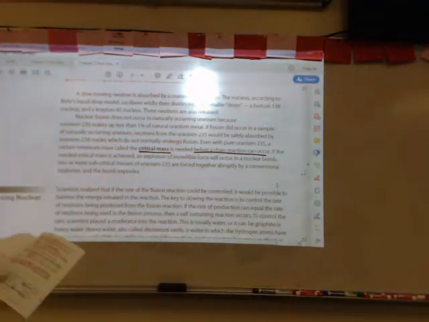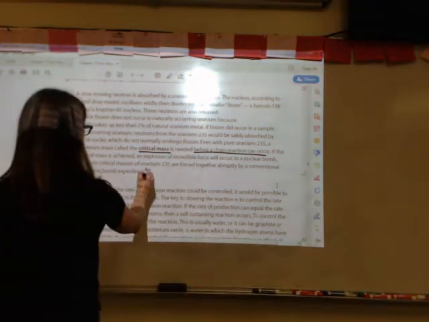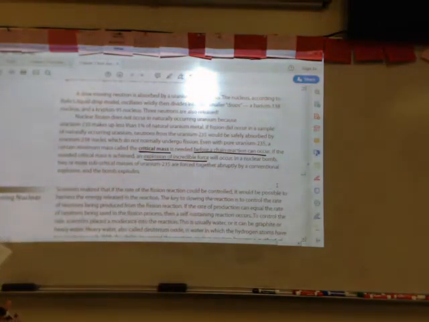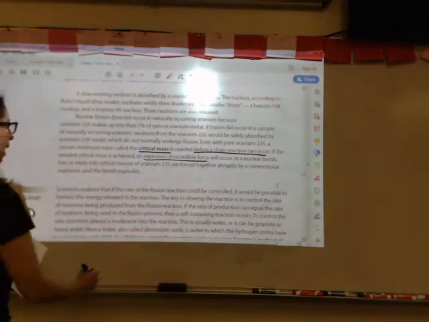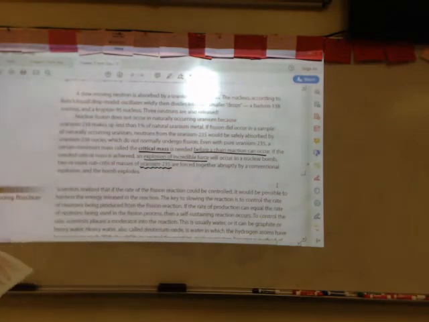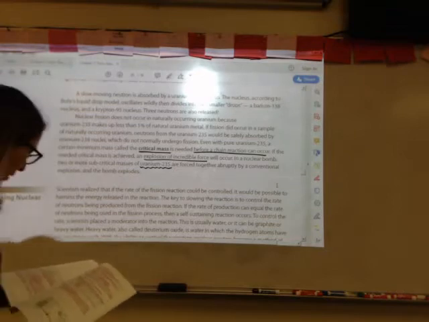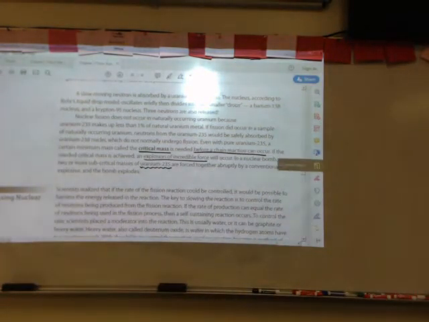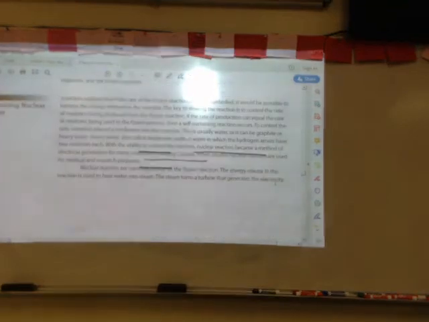And if the needed critical mass is achieved, you can get an explosion of incredible force. In a nuclear bomb, 2 or more subcritical masses of uranium-235 are forced together by an explosive, and the bomb explodes. Now let's talk about harnessing nuclear fission.